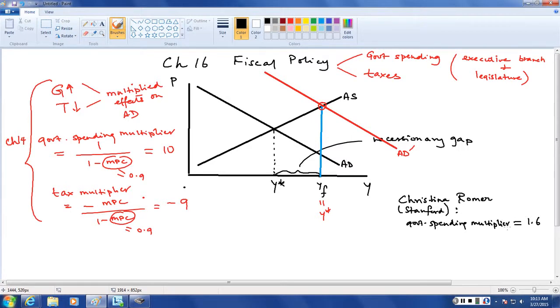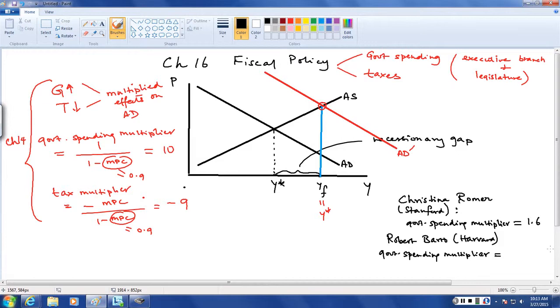Now, we have another economist here called Robert Barro. Robert Barro is a professor of economics at Harvard. As far as I know, he's never held any kind of public office. But according to him, the government spending multiplier is actually a number less than 1.